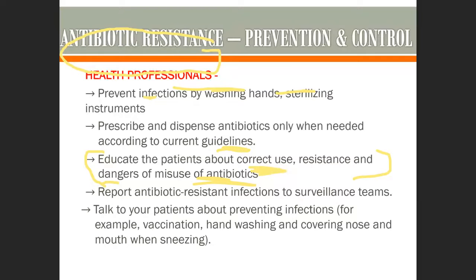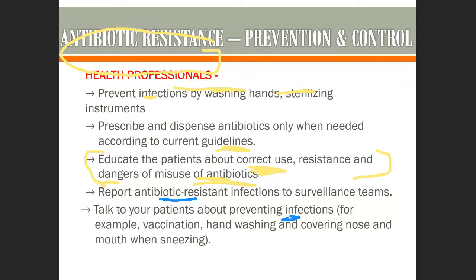Report antibiotic resistant infection to the surveillance team. If any antibiotic resistant infection has been seen, then we have to report it to the surveillance team and talk to the patients about preventing infection. For example, for the last 1 or 2 years we have been suffering with COVID-19. So what precautions are we taking?